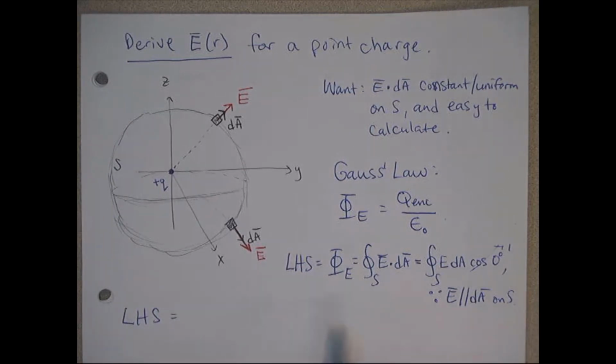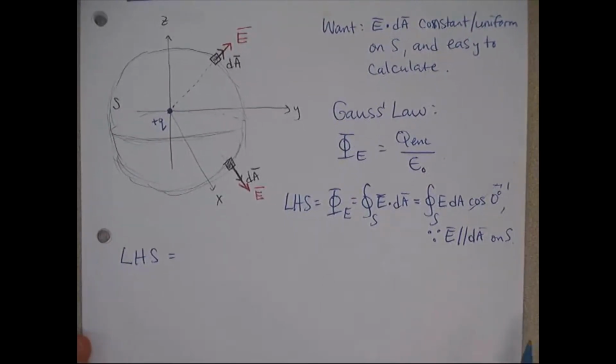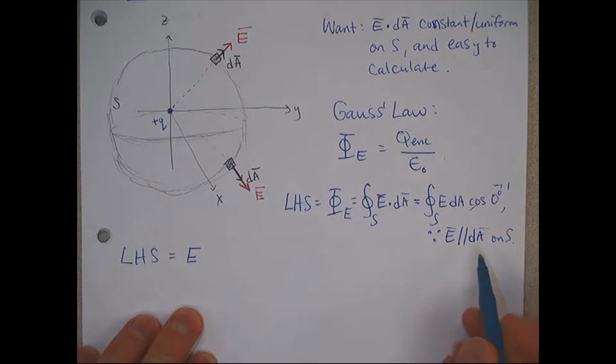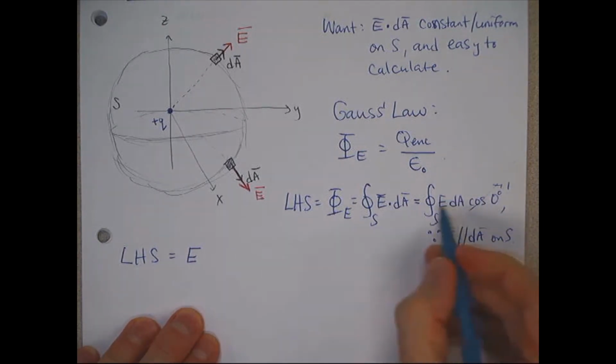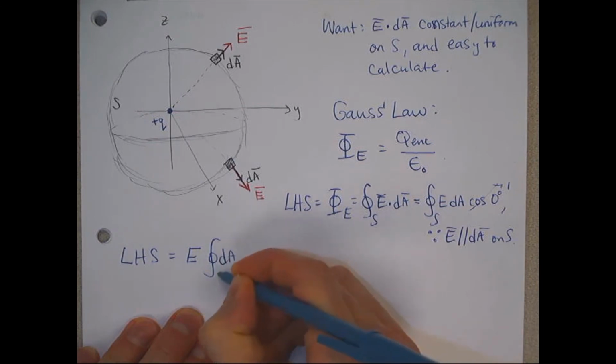It's important that you justify each simplifying step of Gauss's law to earn full credit. Here, the next simplifying step to take is the following.